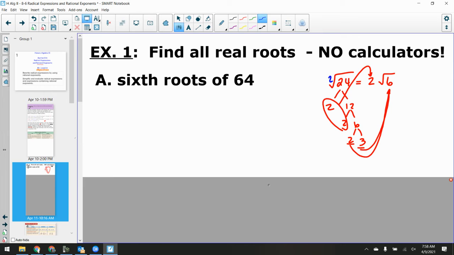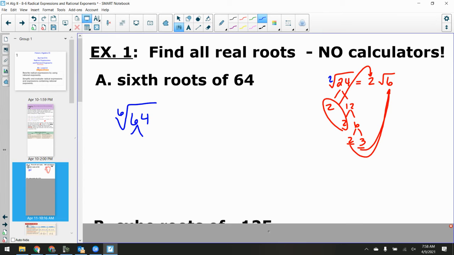Because I want the sixth roots of 64, I'm going to need to find buddies of sets of 6 instead of sets of 2. So let's make our factor tree. That's 2 and 32. That's 2 and 16. That's 2 and 8. That's 2 and 4. That's 2 and 2.